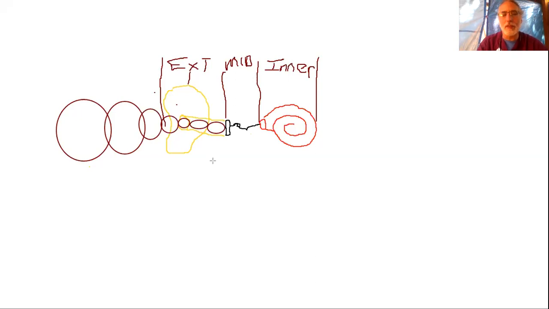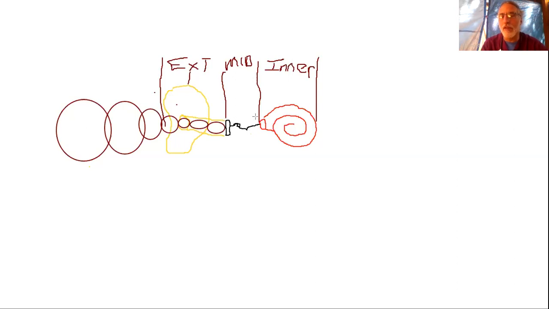So sound travels from its source to the ear, down the external auditory canal, and hits the tympanic membrane. The tympanic membrane is the border. It's at once part of the external ear and the middle ear. In the middle ear, we have the tympanic membrane.